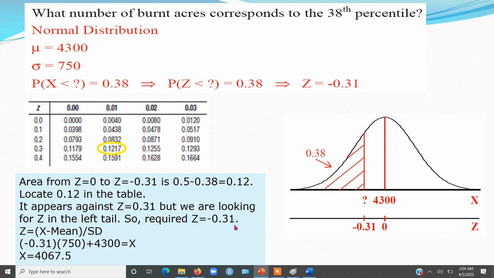Now we simply use the same z-score formula, which is x minus mean over standard deviation. We know the z value, the mean, and the standard deviation, so we can solve it for x. We get that the required x is roughly 4067. So this was another practice activity where we made use of the inverse use of the table.